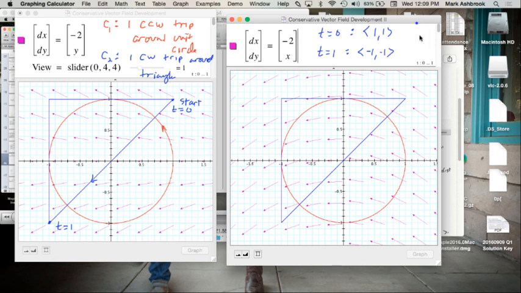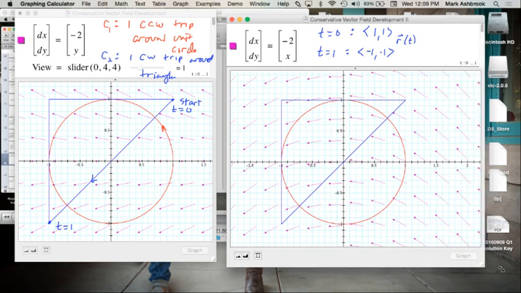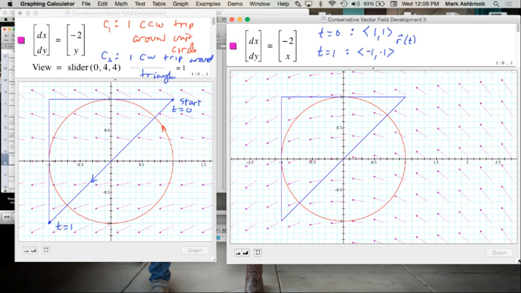So to write these formulas, say r(t), we know we want to get 1, 1 when t equals 0. So we can just write down 1, 1, because when t equals 0, we want to get 1, 1.